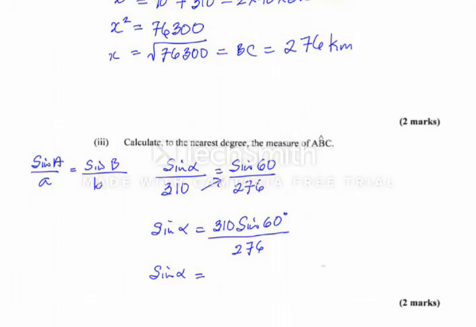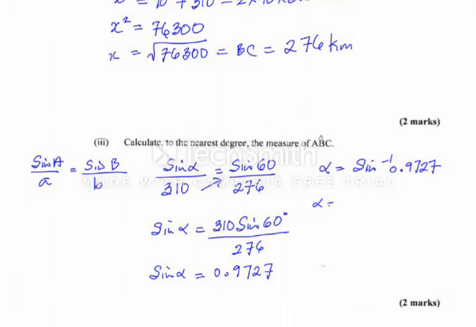All right, so what we got is 0.9727. Let's use 4 decimal places. So alpha would be equal to sine inverse 0.9727.